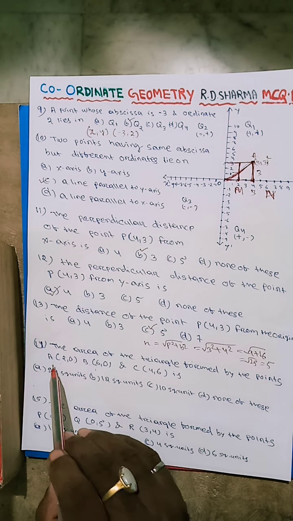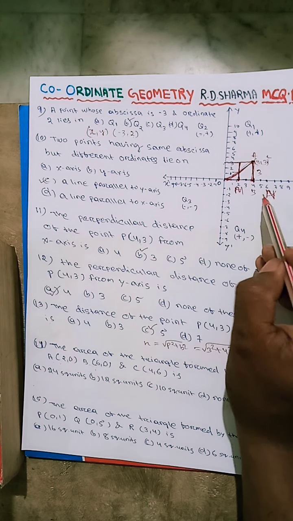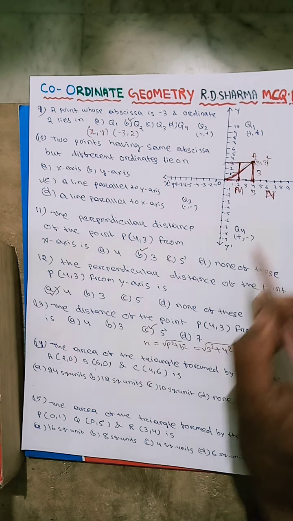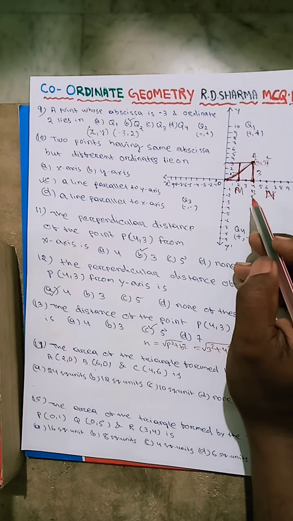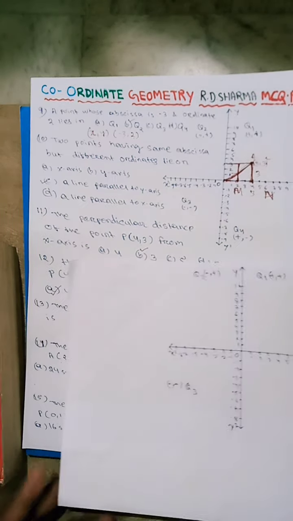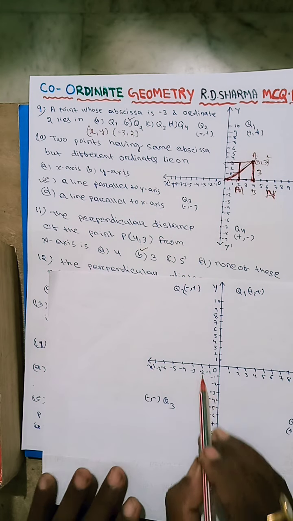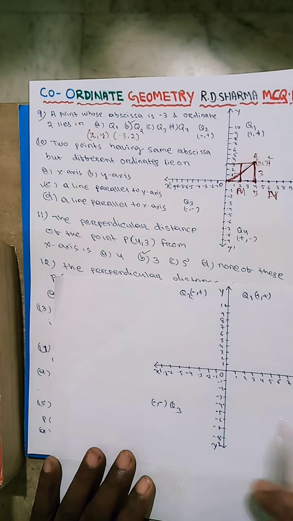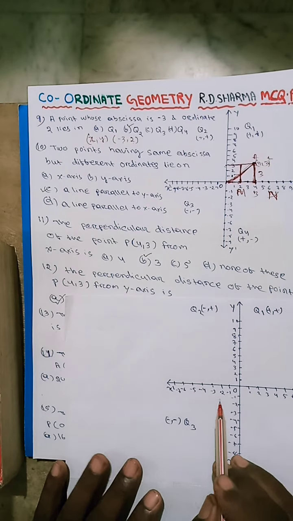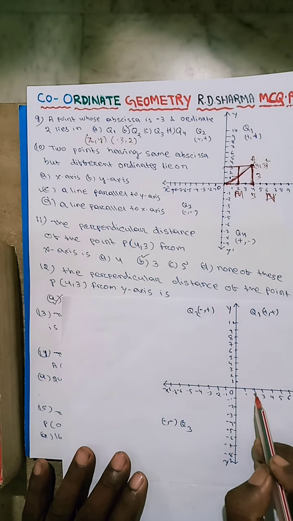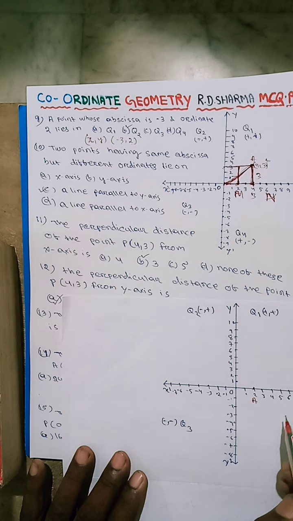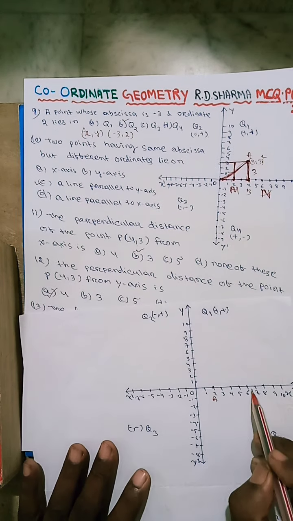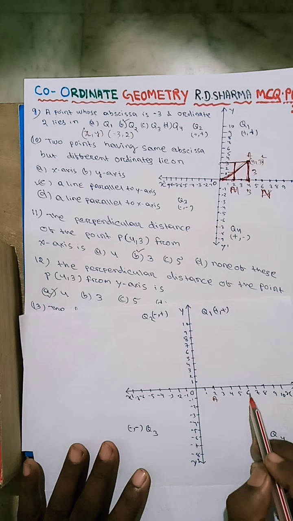Now given AB, take another diagram here. A point is equal to (2, 0). This is A (2, 0). B point (6, 0).